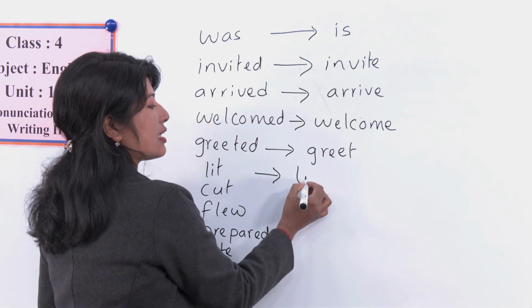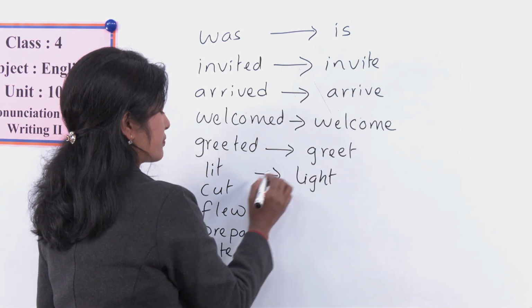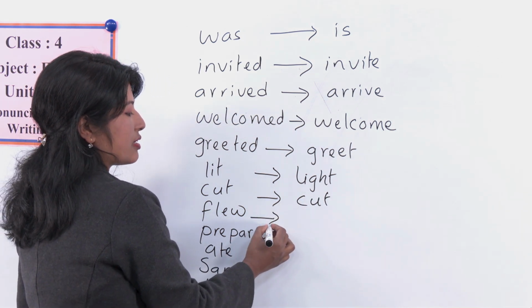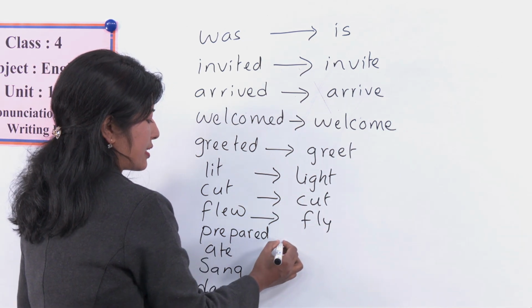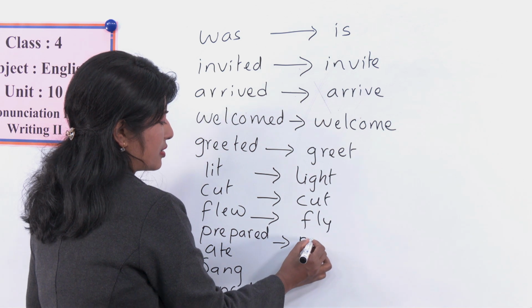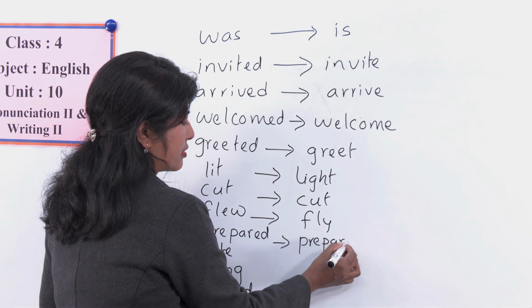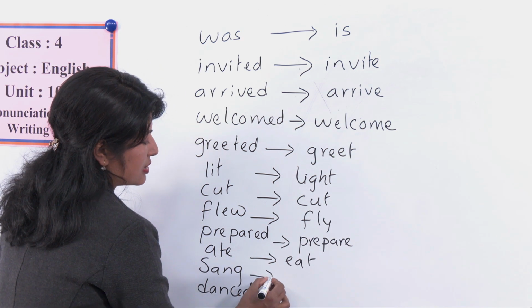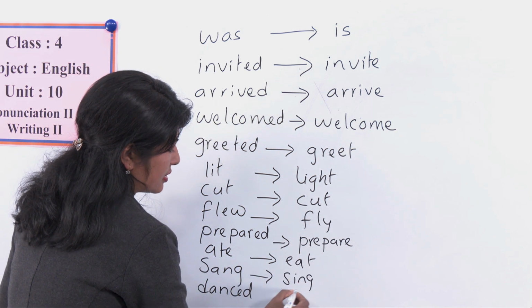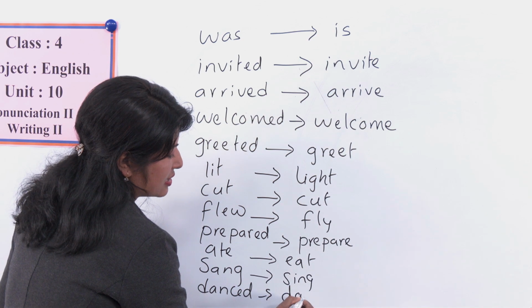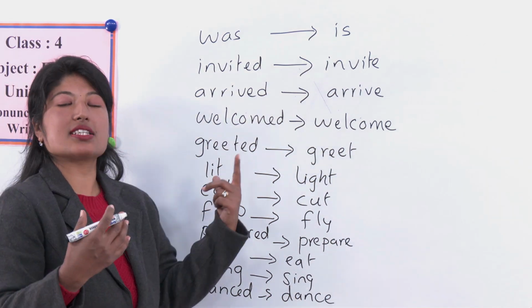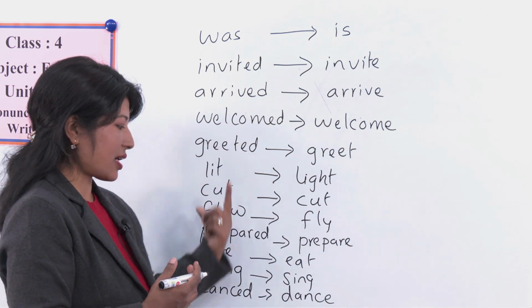Lit, light. Cut, cut. Same form. Flew, fly. Prepared, prepare. Ate, eat. Sang, sing. Danced, dance. Okay, these are the present forms, and these are the past forms.